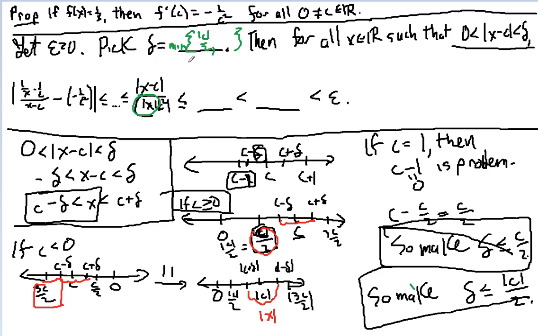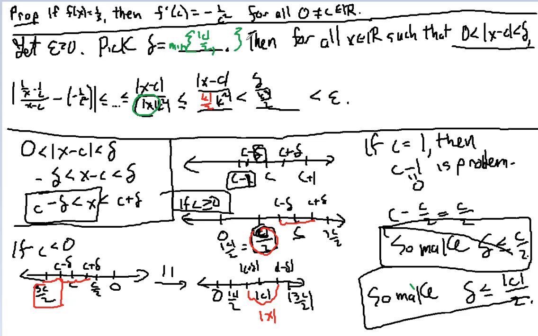Because then what I can do is I can write that this is less than or equal to, or I can replace absolute value of x with, oh, absolute value of x is going to be bigger than absolute value of c over 2. So I can just replace that there. And then times c squared. Oh, but this is less than or equal to delta over c cubed over 2.